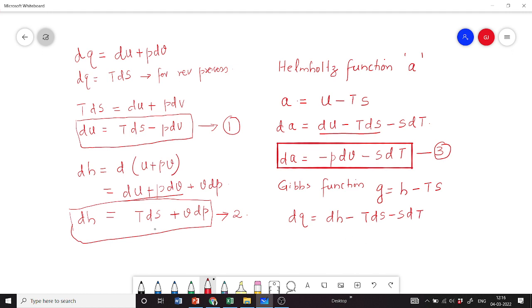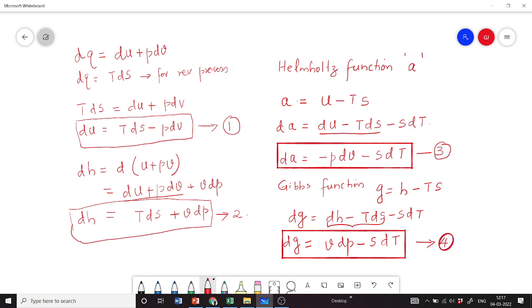Now, from the second relation, dH minus TdS is equal to plus VdP. So dG is equal to VdP minus SdT. This is our fourth equation. So we have four equations here.